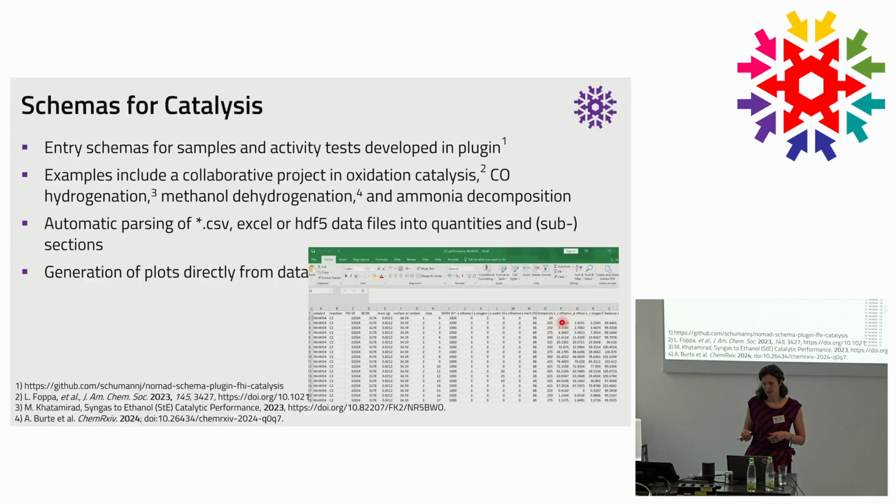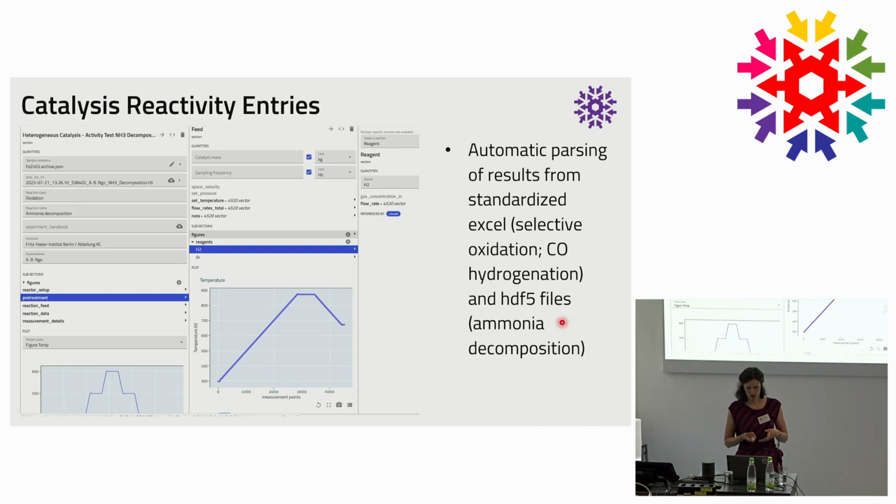What the schemas that I've developed in the catalysis plugin do is take a table, for example a CSV file or Excel file, or in one case of ammonia decomposition, where we have an automated reactor, also an HDF5 file, and automatically put all the information from the different columns into the quantities and subsections in the schema. The entry then also shows nicely generated plots, as I will show you on the next slide.